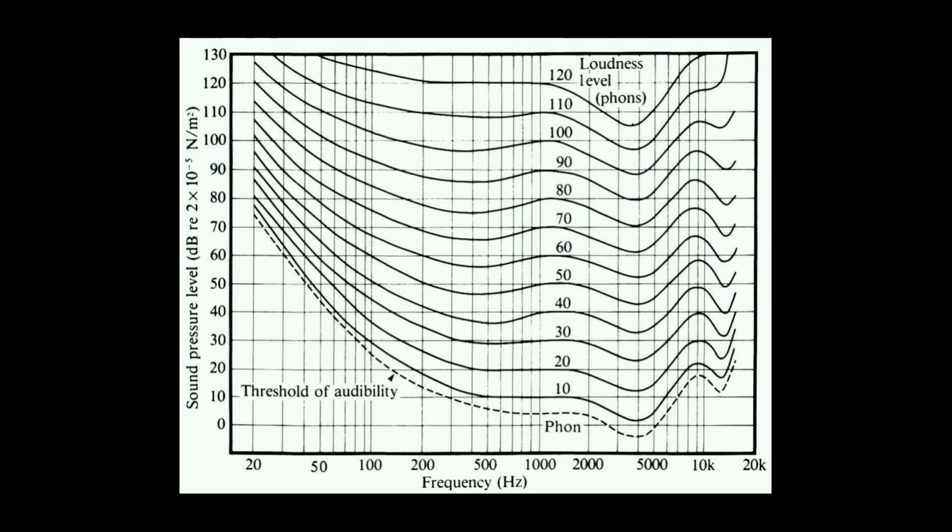This phenomenon is usually explained with the curves of equal loudness, or Fletcher-Munson curves. Let me tell you how to read those curves. The first thing is that we see a number of solid black curves on this graph. Let's focus on the bottom one.